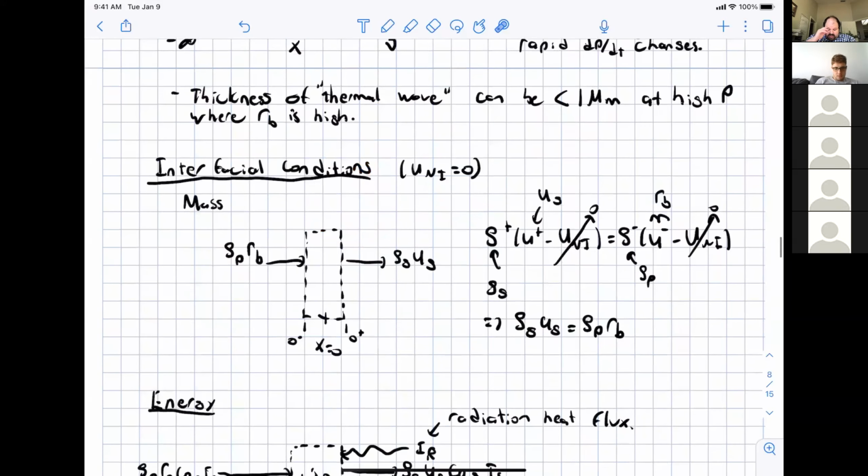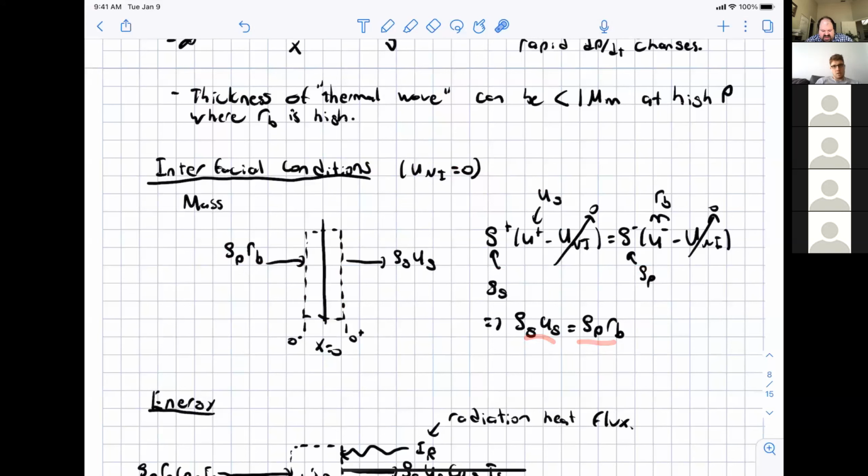Okay, so now we'll apply the interfacial conditions, and so basically we have a stationary propellant surface. That would mean that the normal velocity of the interface is 0. And so we can just draw a fairly normal looking control volume here, where we have our piece of propellant. And then for conservation of mass, we can apply the conditions that I derived earlier to show that basically rho_g u_g is equal to rho_p r_b.